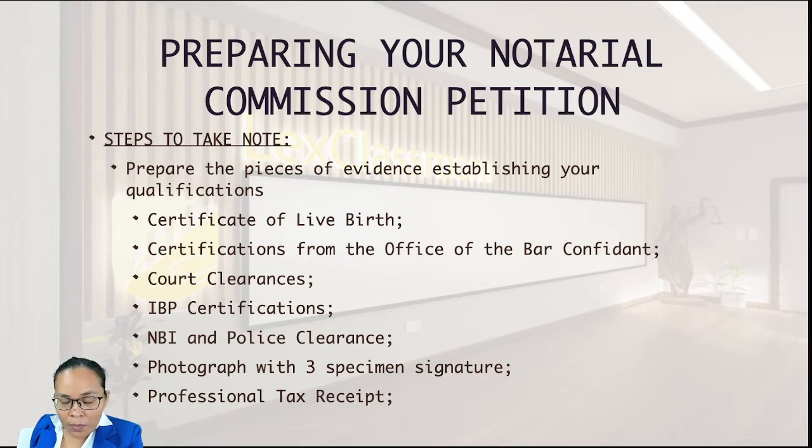In fact, the municipal trial court and the regional trial court will not issue you clearances unless you also present your clearances from the prosecution office, either in the province or the city, because as we know, criminal cases go up from the prosecution office to the corresponding courts. You are also to provide your IBP certification saying that you have no pending case and you're a person of good moral character.